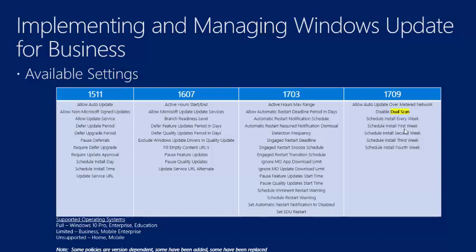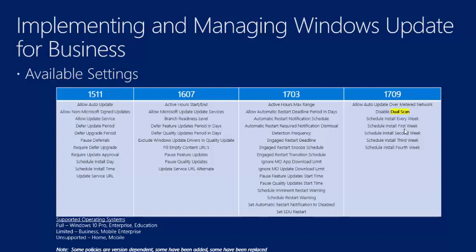One thing I will call out, some policies are version dependent. Some have been added, some have been deprecated, some are only for that version specific. You will see some that are on 15.11, and then you will see what looks to be the same kind of setting listed again under one of the other versions, 16.07, 17.03, or 17.09.